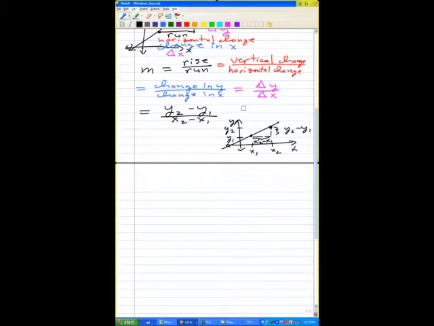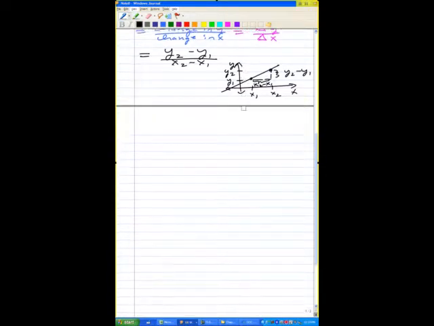Okay, so note, the slope of a vertical line is undefined.